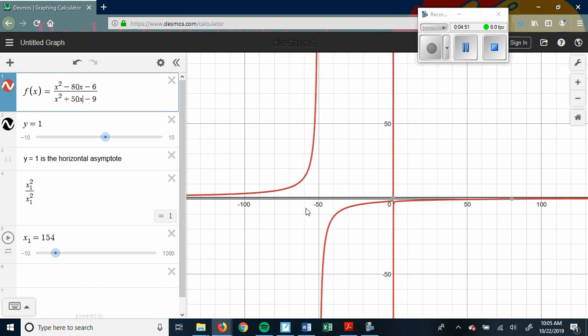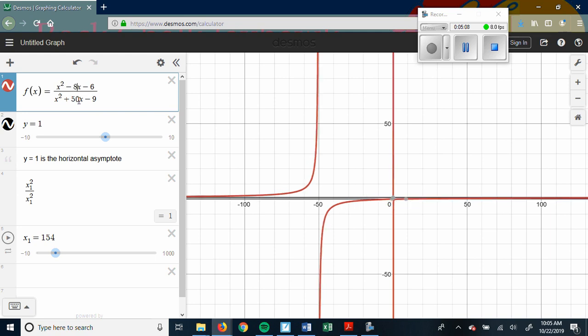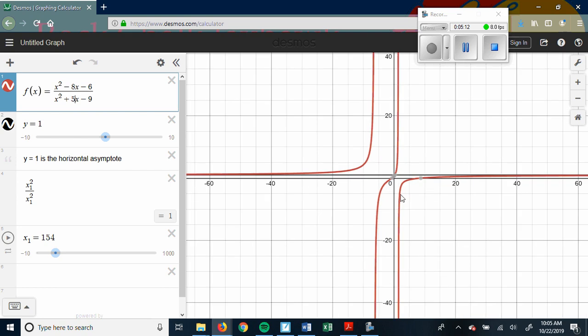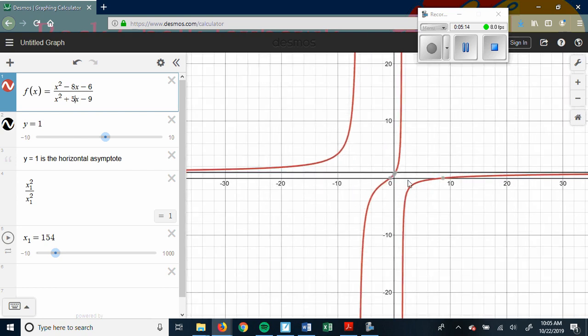Out here it's approaching 1, and here it's approaching 1. Even though my numbers got bigger, what still matters is x squared over x squared. Let's go back to some more normal numbers here. In the middle weird things happen, but out on the end, it's still going to 1.